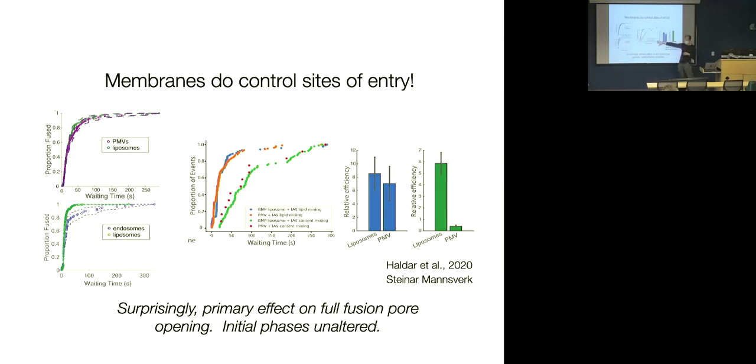And indeed, all the way through, the kinetics look very similar. But we see for the sort of final stages of pore opening and genome exposure, if we compare plasma membrane vesicles with liposomes, these are synthetic liposomes that are designed to recapitulate the endosomal membrane composition.